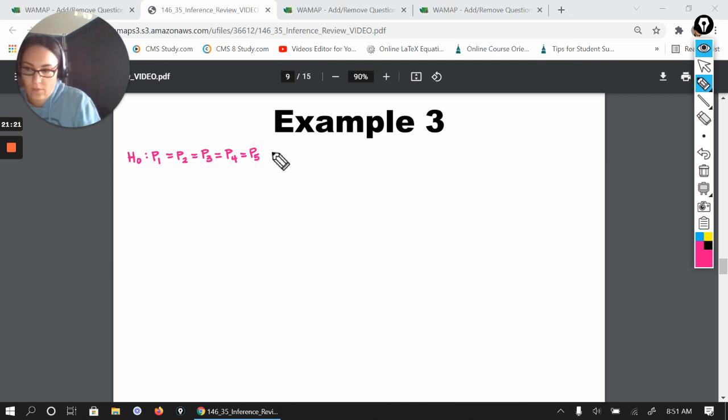One, two, three, four, five, I have to have the sixth one in there, and these would all equal 1/6. So we're saying that all the proportions are equal, and also that they're all 1/6. The alternative hypothesis is that not all proportions are as expected, or we could say at least one proportion is not 1/6.